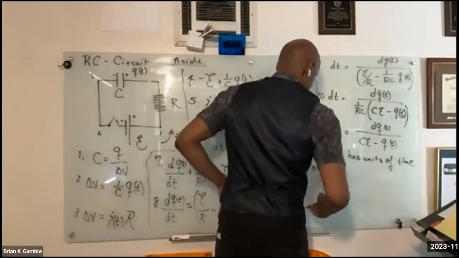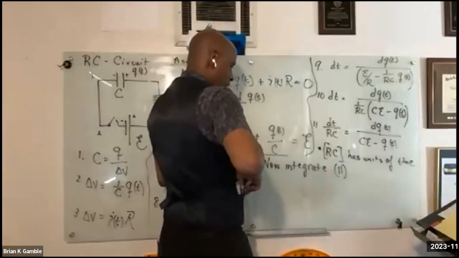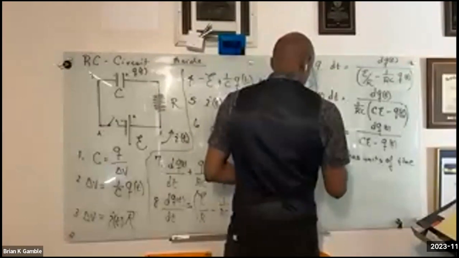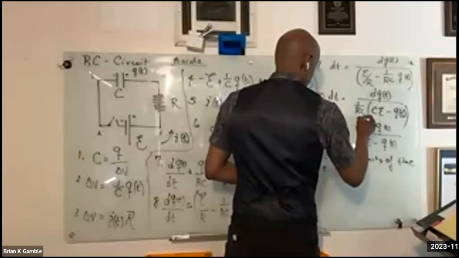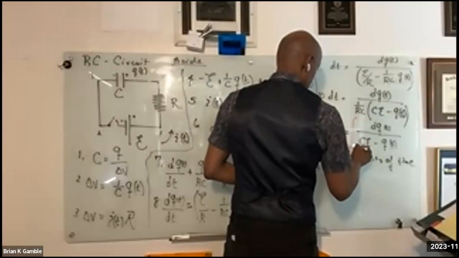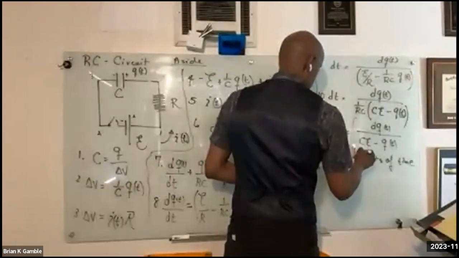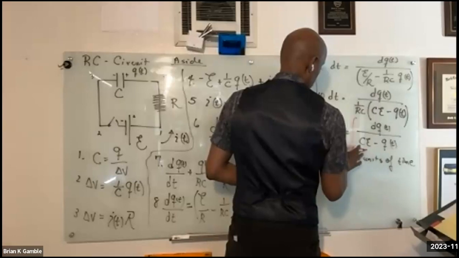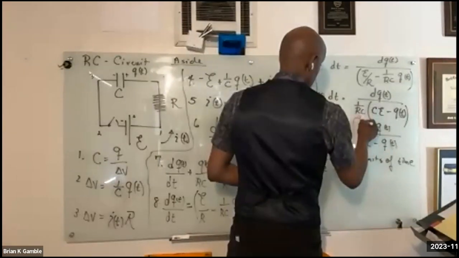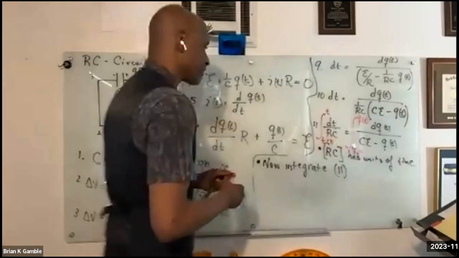On the right side, I'm going to go from t equals 0 to t. And over here, I'm going to go from q naught, basically equals 0, it doesn't have to, but whatever, I'll just say q naught to q of t, the charge on the capacitor at some later time.